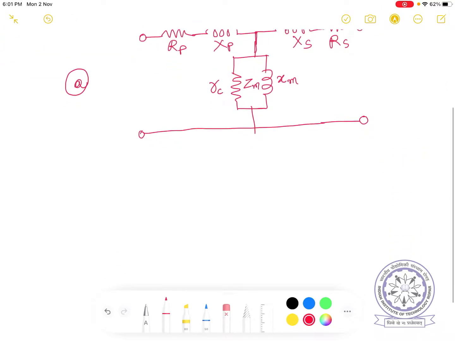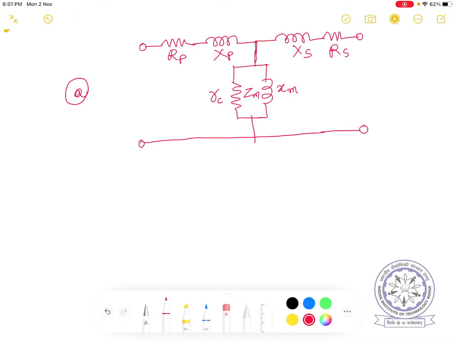Let us see another way of representing this circuit, B. Here we have this resistor Rp, and club Xp and Xs together into XL, and then again the secondary resistor Rs.